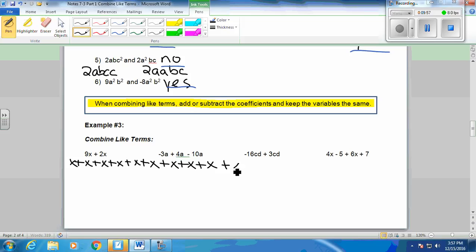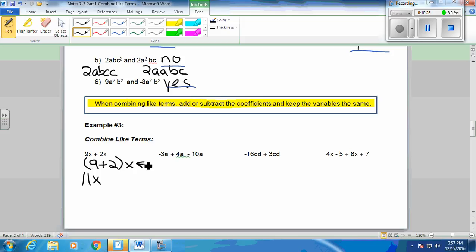And then if I add 2 more x's, how many x's do I have altogether? I have 11x. What some people like to do is say that since x and x are like terms, they're going to take the 9 and the 2, combine them together, and have the x on the outside. That's still what gives you 11x. This step right here, some people show, some people don't.